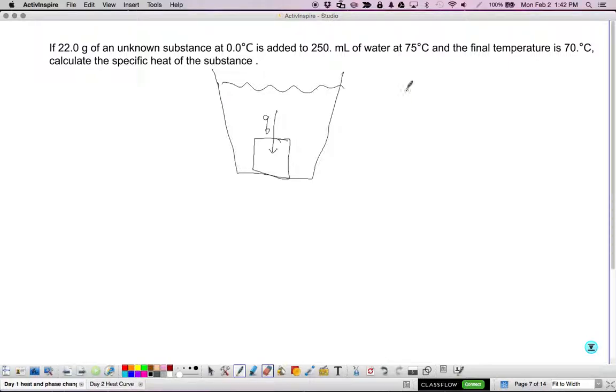All right, so one of the things that's pretty helpful with these is to make sure you know where you're going. So my sentence that I like to come up with is: heat is lost by blank and gained by blank.